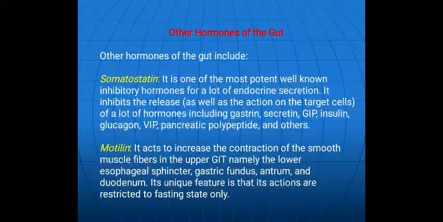It inhibits the release as well as the action on the target cell of a lot of hormones including Gastrin, Secretin, GIP, insulin, Glucagon, the very important peptide VIP, Pancreatic Polypeptide, and others.